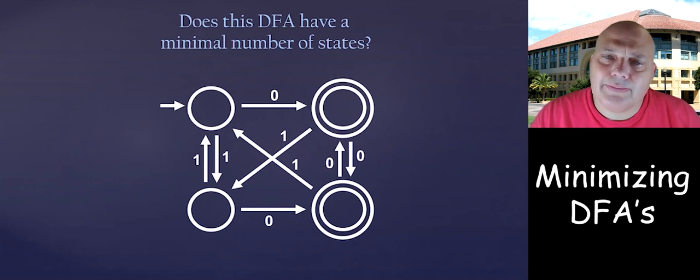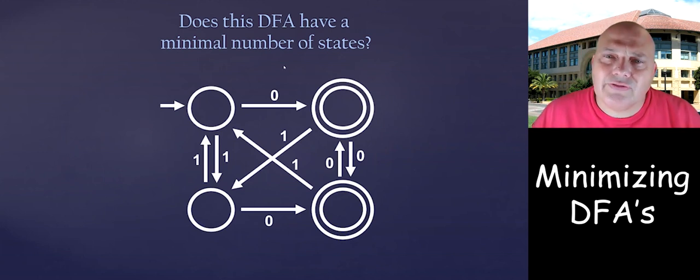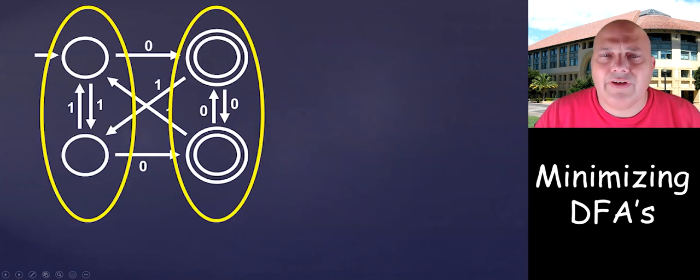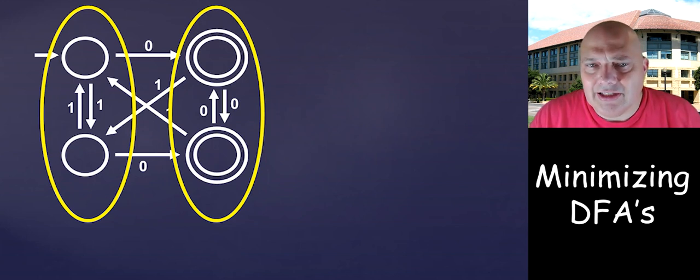Can we accept the same language as this DFA with another DFA that has fewer states? If you stare at this long enough, you can see that we can merge the two accepting states and the two rejecting states, each into a single state that is marked by yellow.